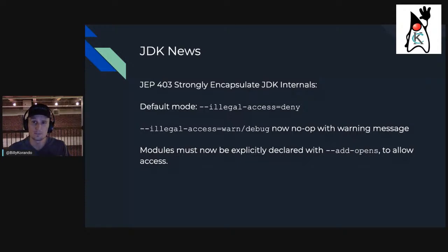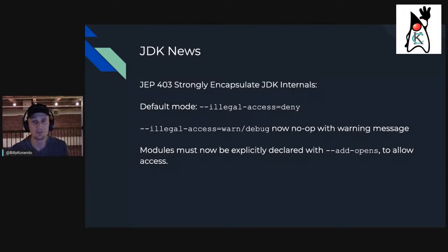So what this means is that you can still add opens to any sort of library that needs to do reflective access into some sort of module, which could still be a good amount of libraries, like maybe some older Spring libraries or Jackson or Hibernate and stuff like that. So you can still get those to work.